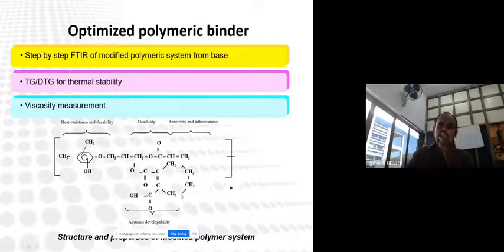In order to have cross-linking properties, these double bond, unsaturated groups get cross-linked after exposure to UV light. This group will provide aqueous developability, and this is the structure we propose for the modified synthesized polymer.